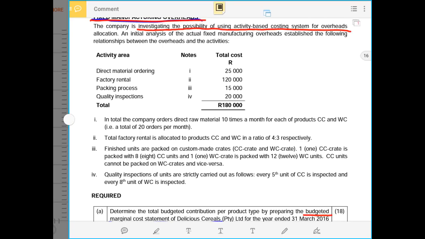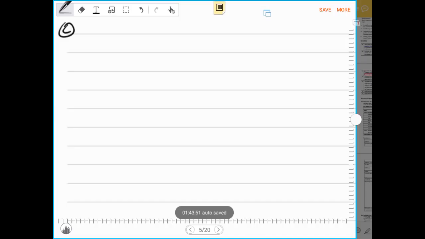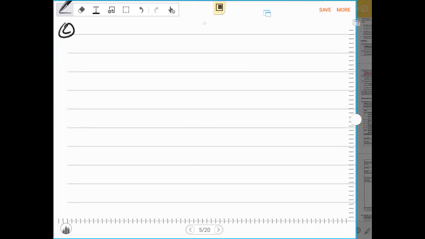So now in doing that, we have to split it to the two products, which are product WC and product CC.